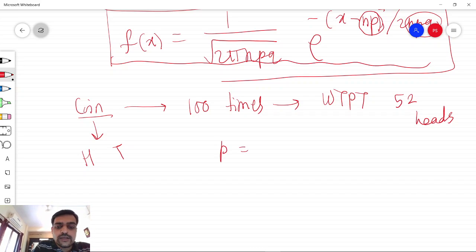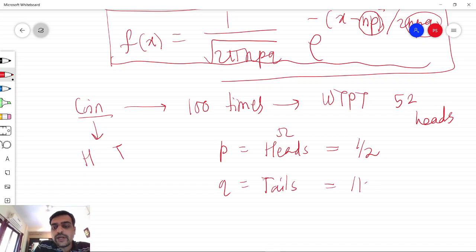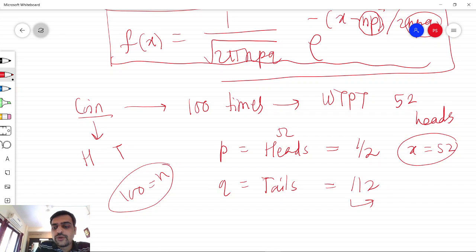So p corresponding to heads is just 1 by 2, and q, corresponding to the tails, is 1 by 2. So 52 is the value of x here and 100 is the value of n here. So the value corresponding to q, which is n minus x, which is 100 minus 52, is just 48.